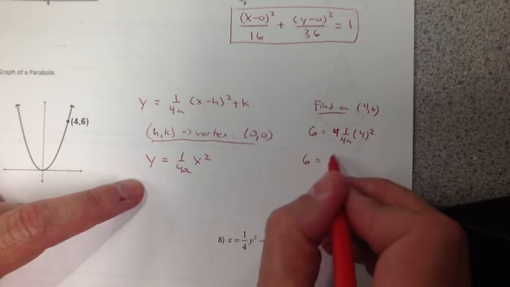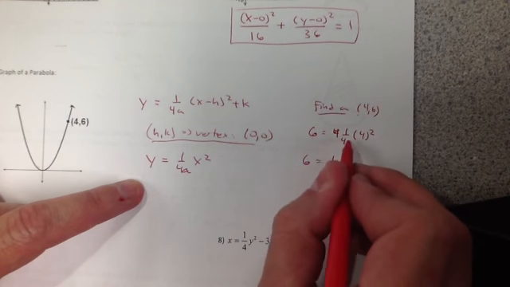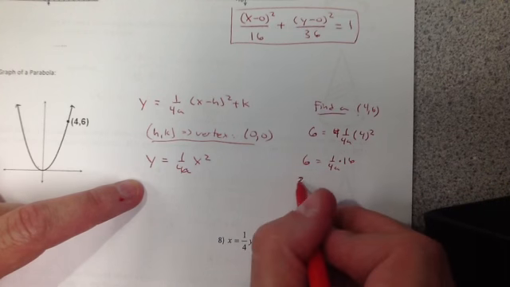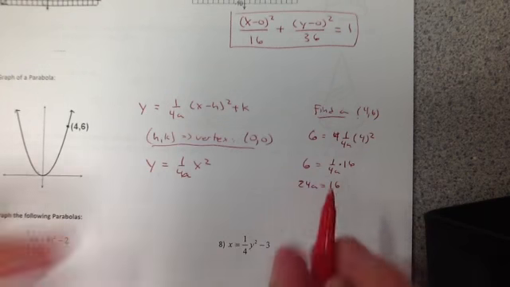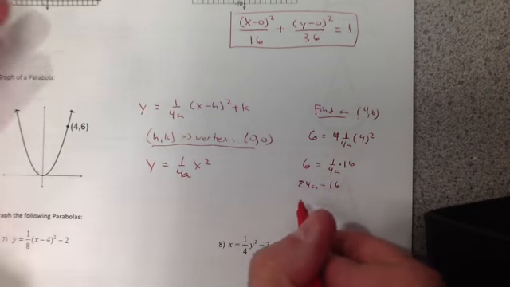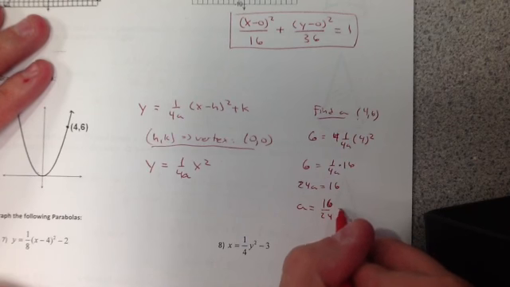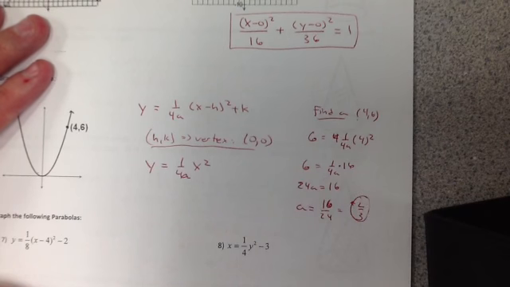So we get 6 equals 1 over 4a times 16. Cross multiply, 24a equals 16. Then I divide: a equals 16 over 24, and you can reduce that. They're both divisible by 8, so I get 2/3.